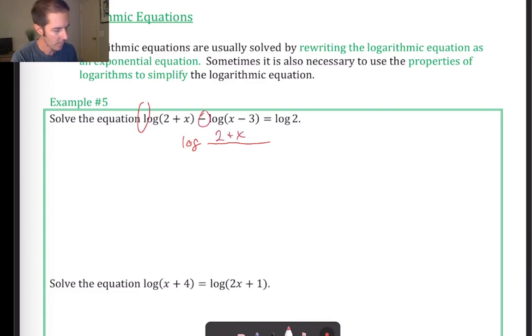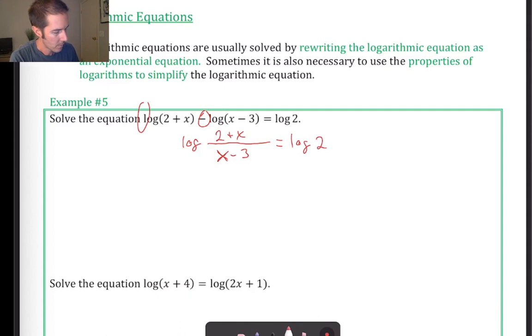This negative coefficient tells me that the x minus 3 goes into the denominator. And the right-hand side is still log of 2. Now that our logs on both sides of the equation have the same base, we've got a log of capital A equals a log of capital B. That means we can set A equal to B and finish solving this problem.